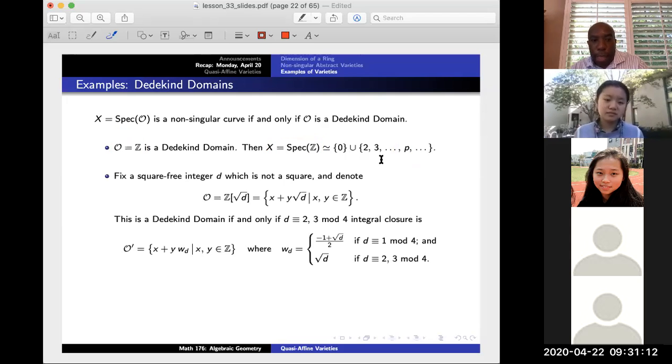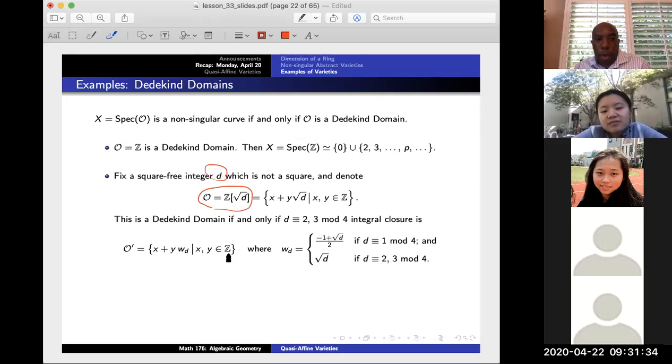So let's try to do a slightly more complicated example. Fix a square-free integer d, which is not a square, and let's consider this ring here, Z adjoin square root of d. Now you may recall we actually looked at this towards the very start of the course when we were looking at Pell's equations.